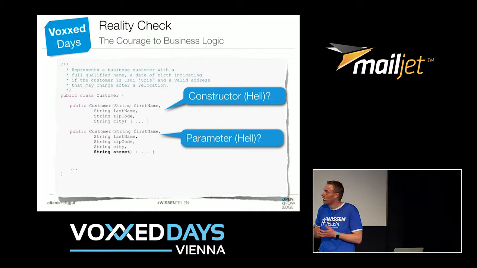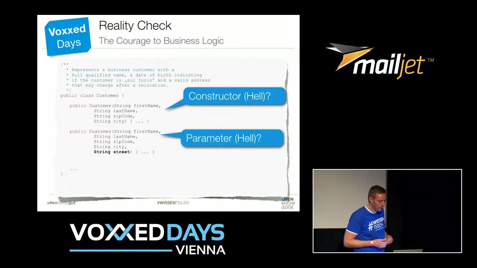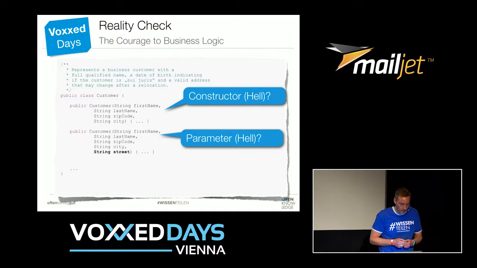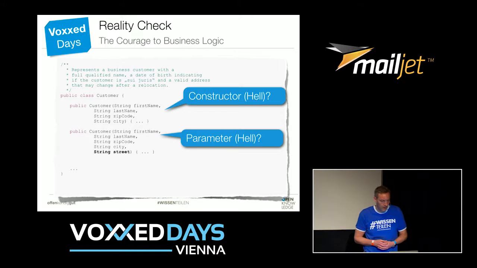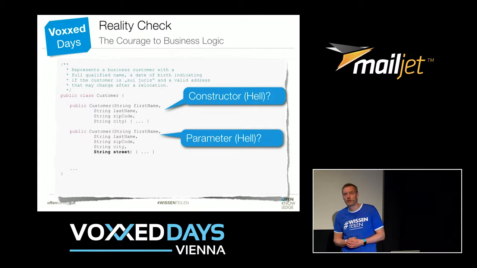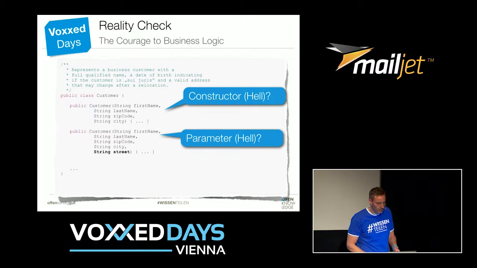And of course, I have different combinations of valid attributes, so I give a lot of constructors to the customer. And this normally brings me to the constructor hell. First I start with one constructor, and then I see there's an additional valid combination of attributes, so I put another constructor to it, and so on and so on.